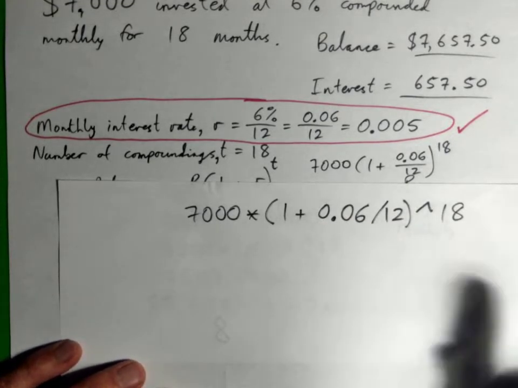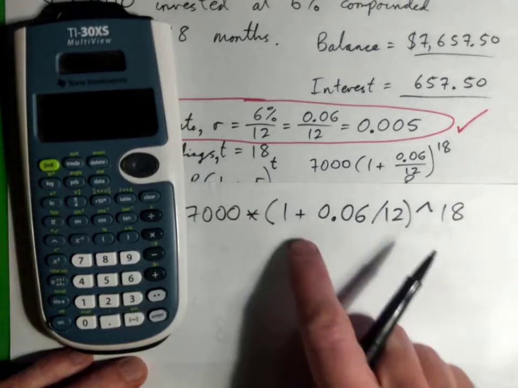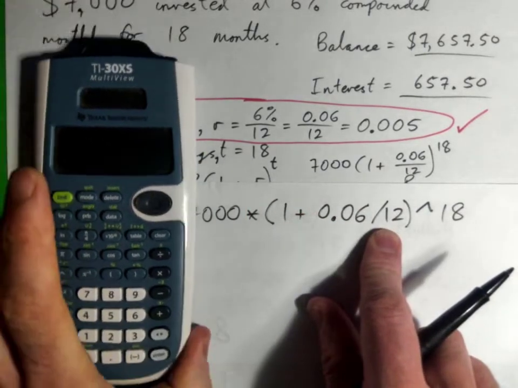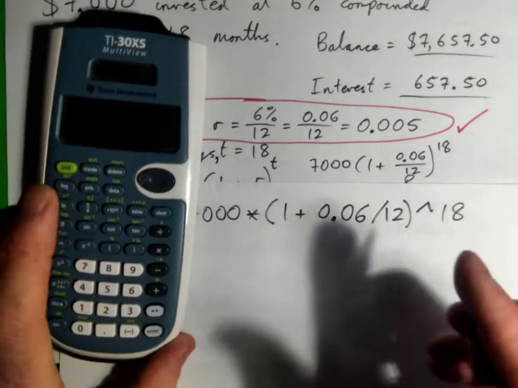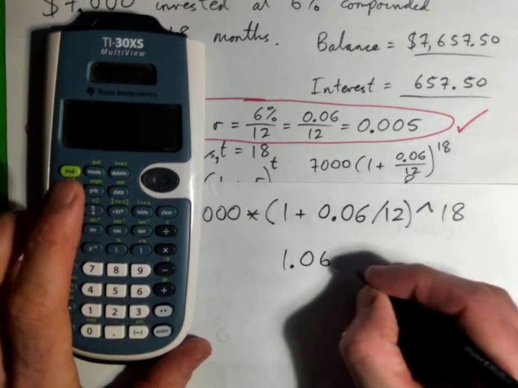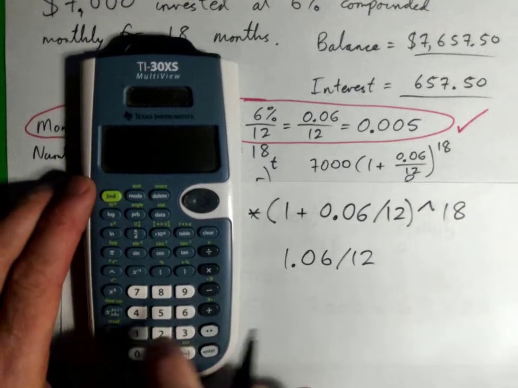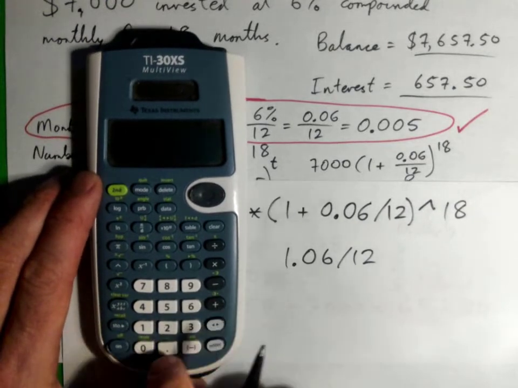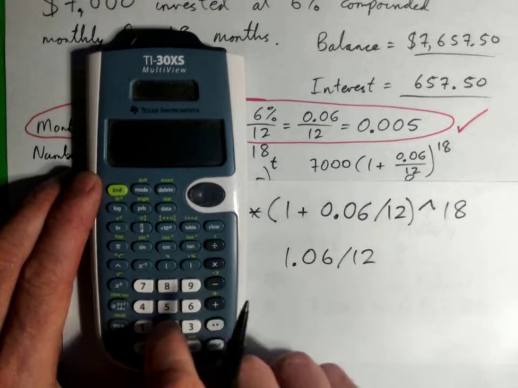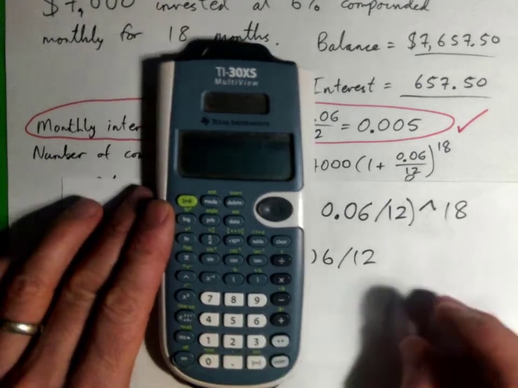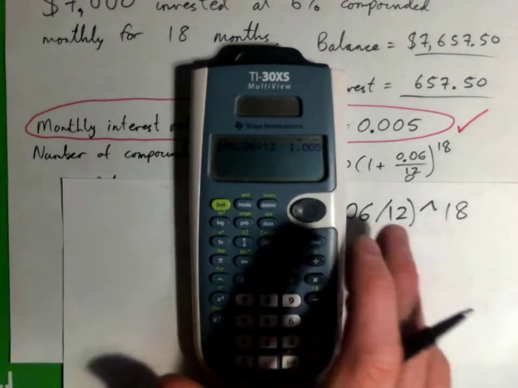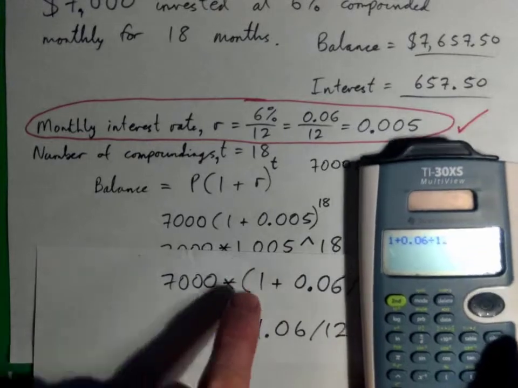And a tip is, when you're doing this, don't do 1.06 over 12, because that would not be the same thing. Watch this. 1 plus 0.06 over 12 is 1.005, which is what we want. That's correct. 1.005, right?